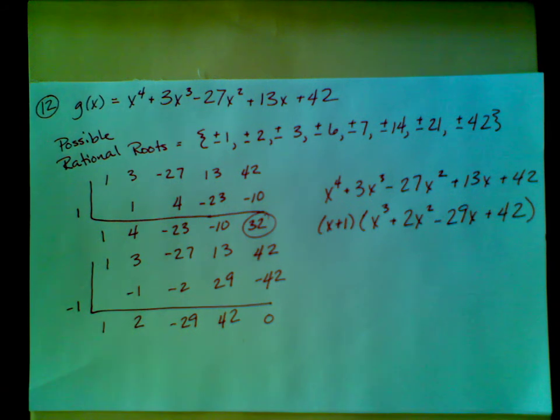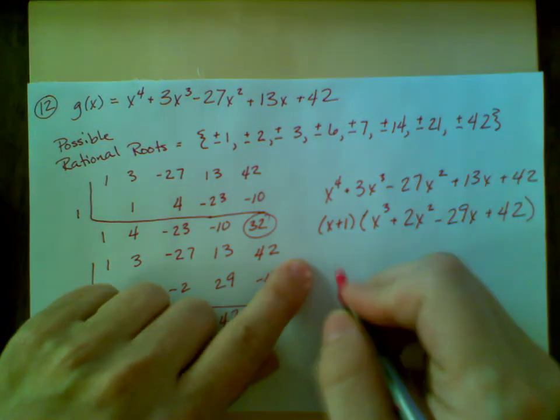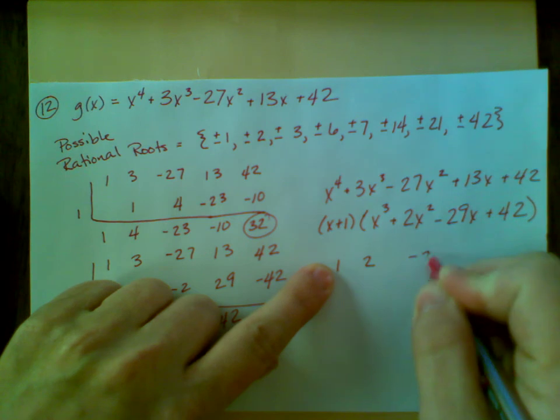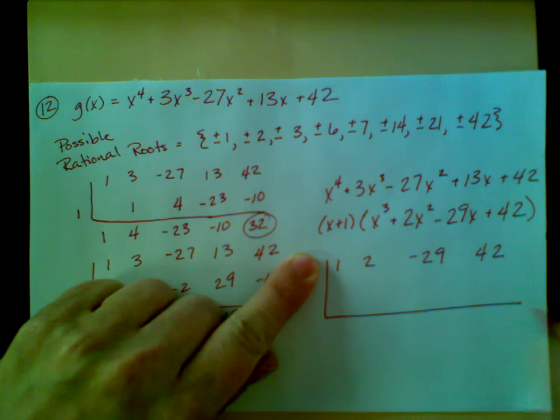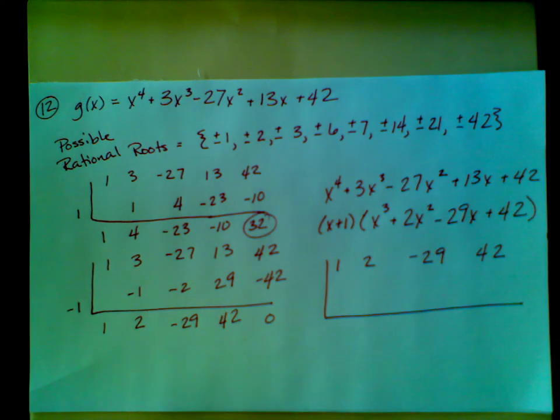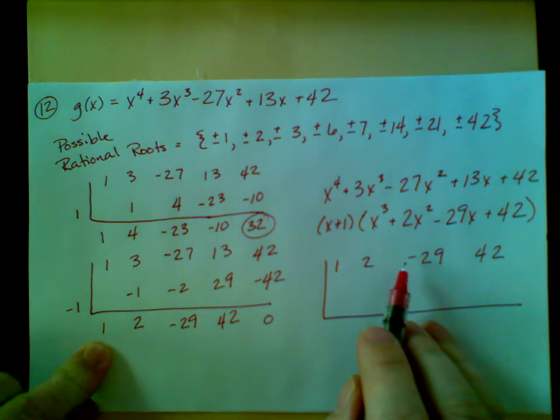So now I can work with this simpler polynomial, this 1, 2, negative 29, 42, and I can see what is going to be a factor of it.